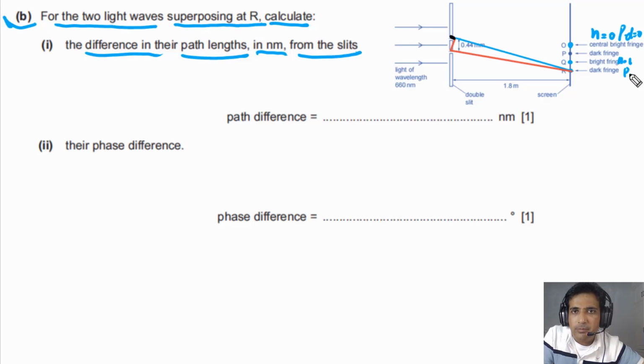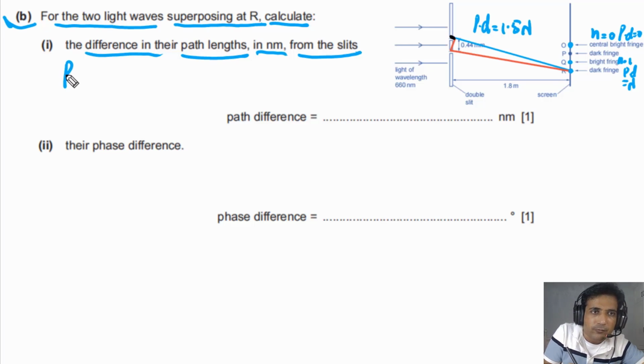It means that the path difference between two waves reaching at this point is equal to 1 lambda, and at the next dark fringe the path difference will be equal to 1.5 lambda. So simply in this case path difference PD is equal to 1.5 times lambda.